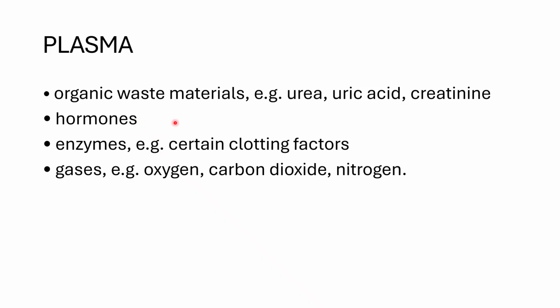Another thing that consists of plasma is hormones. There are some hormones that may be present in it, and enzymes also, e.g., certain clotting factors. Also, another thing is gases, e.g., oxygen, carbon dioxide, and nitrogen.